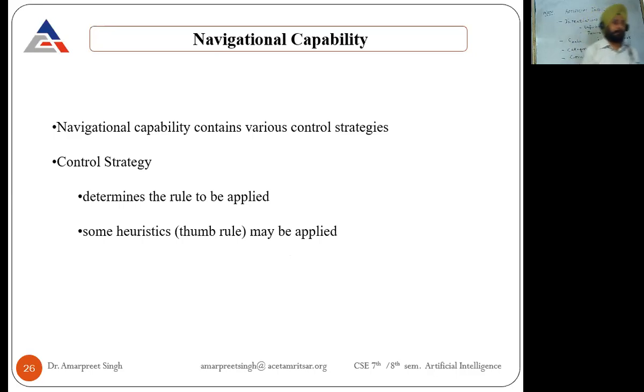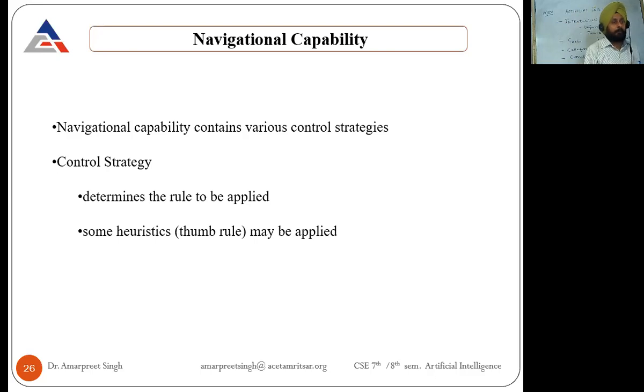Navigational capability. Navigational capability contains various control strategies. What is a control strategy? It determines the rule to be applied. Some heuristic or rule of thumb may be applied. I give you this example from simple programming. You all have done simple programming like C and C++.